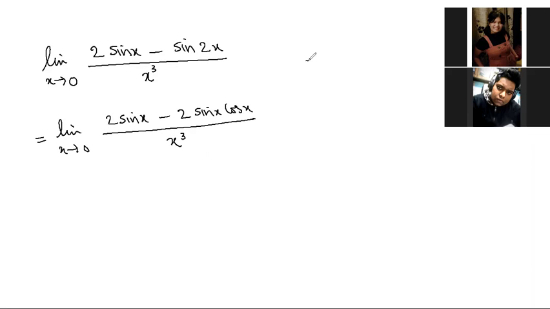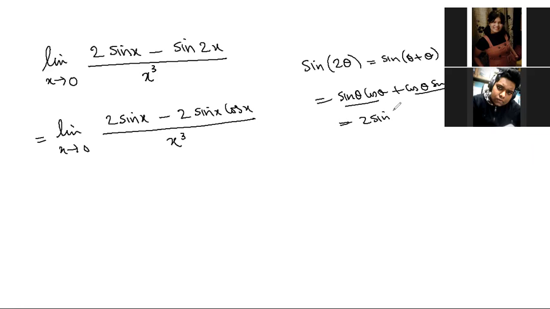That is the only magic. Sine 2 theta is sine of theta plus theta. When you expand it with the sine (a plus b) formula, it is sine theta cos theta plus cos theta sine theta. That became 2 times the same thing, so 2 sine theta cos theta. You remember, no? That is how you got this formula: sine 2 theta is 2 sine theta cos theta.